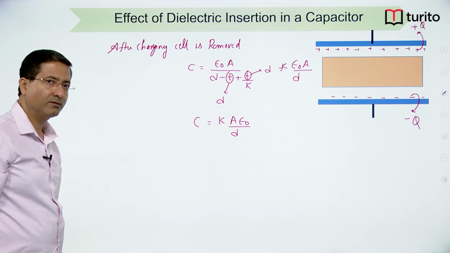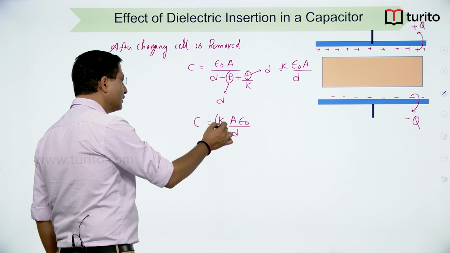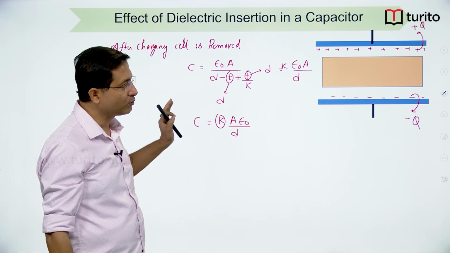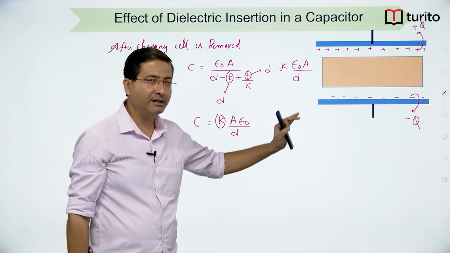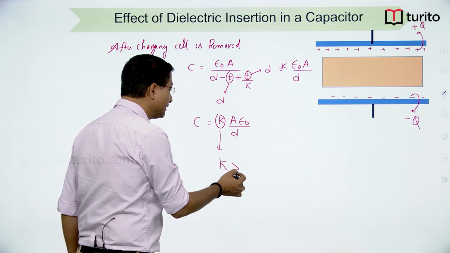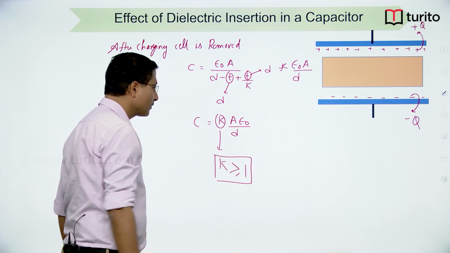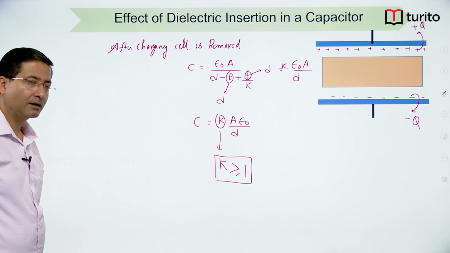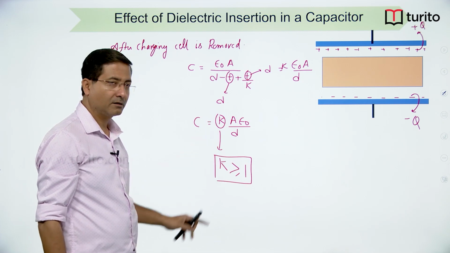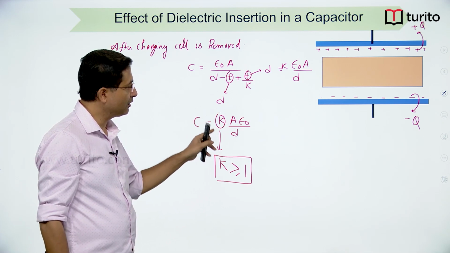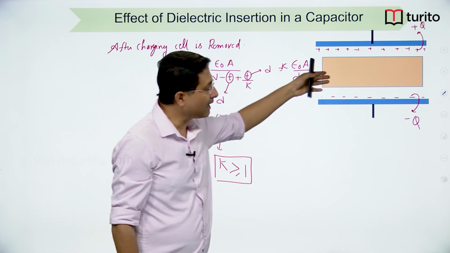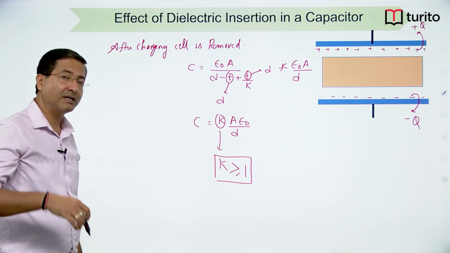The value of the dielectric constant for vacuum is 1, and as we start moving from vacuum towards a conductor, the value reaches infinity. So the value of K is always greater than or equal to 1. That means once the dielectric slab is inserted, the capacitance gets increased.